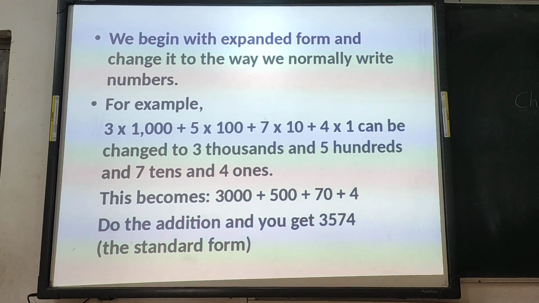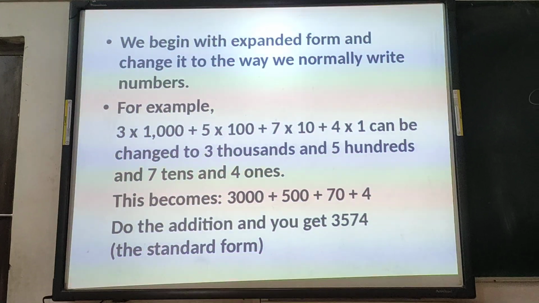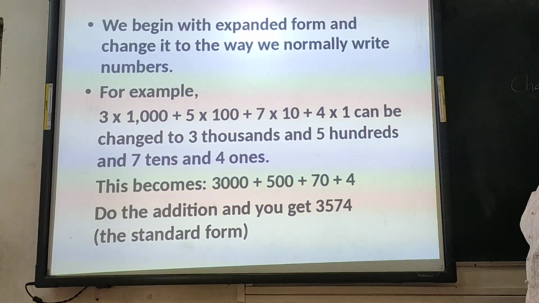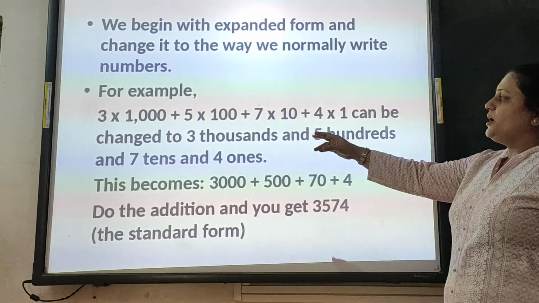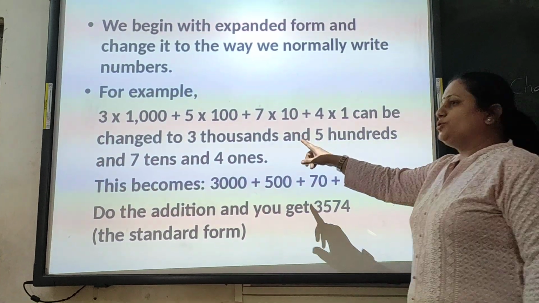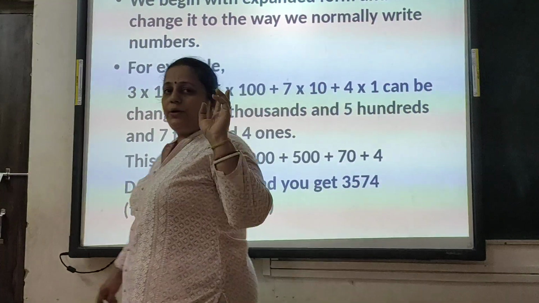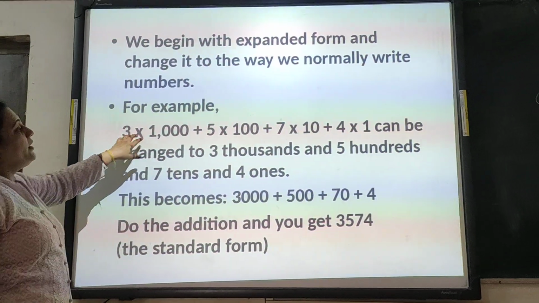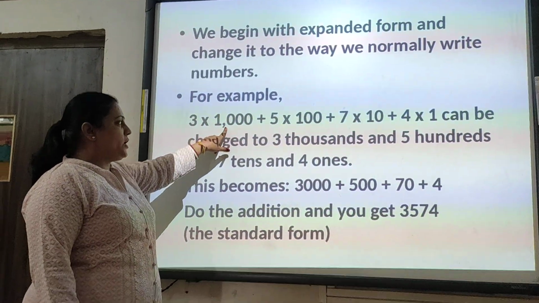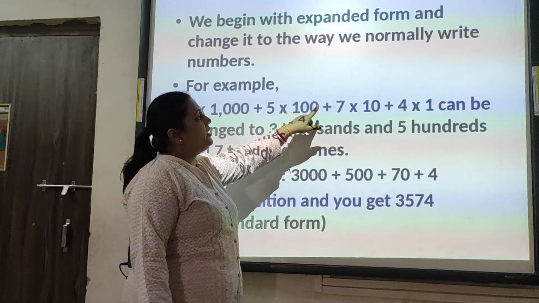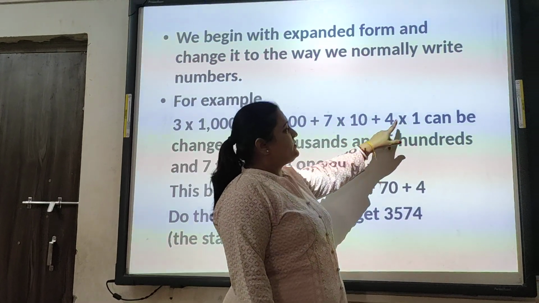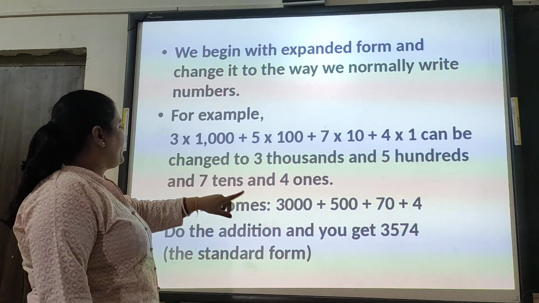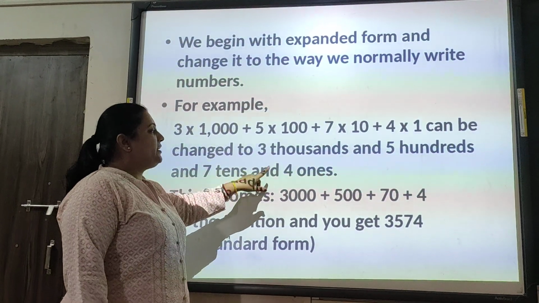See here, we begin with expanded form and change it to the way we normally write the number. For example, see one more example here, 3 into 1000. You can write the expanded form in both ways, direct addition of the place values, or like this also: 3 into 1000 plus 5 into 100 plus 7 into 10 plus 4 into 1 can be changed to 3000 and 500 and 7 tens and 4 ones.